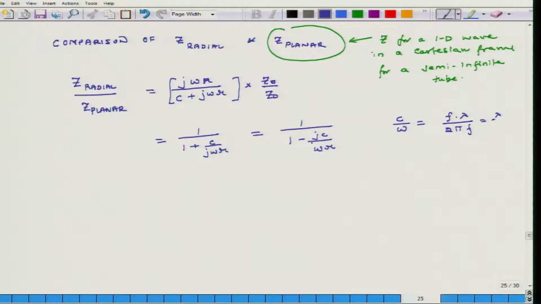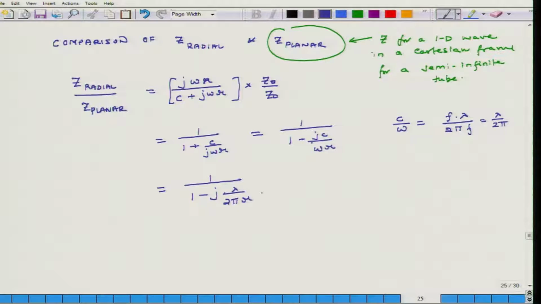So, this is equal to lambda over 2 pi. So, this becomes 1 over 1 minus j times lambda over 2 pi r.